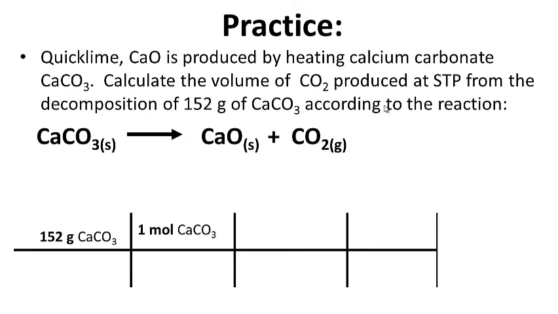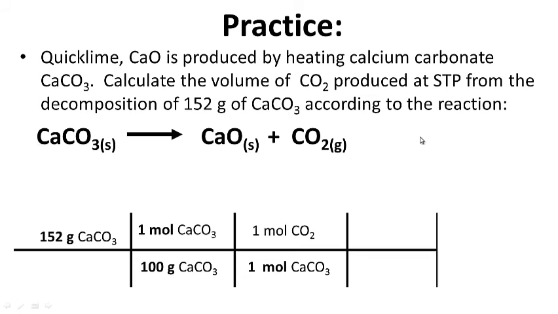Okay, let's see how you did here. Start with what we're given here. 152 grams of calcium carbonate can produce what volume of carbon dioxide gas? So we know 1 mole of calcium carbonate has a molar mass of 100 grams. And we know 1 mole of CO2 can be produced by 1 mole of calcium carbonate.